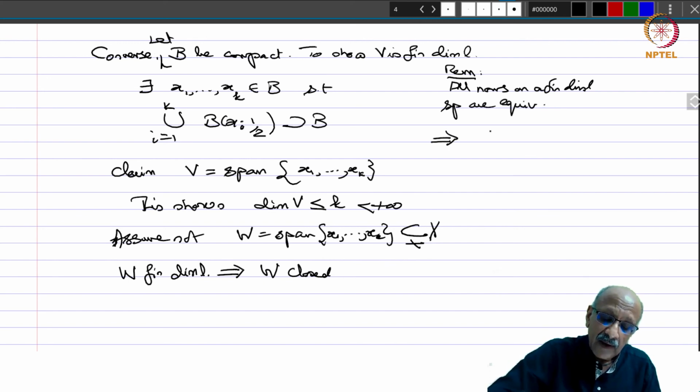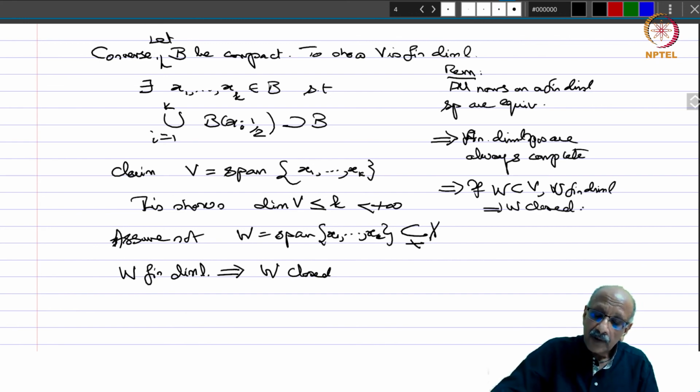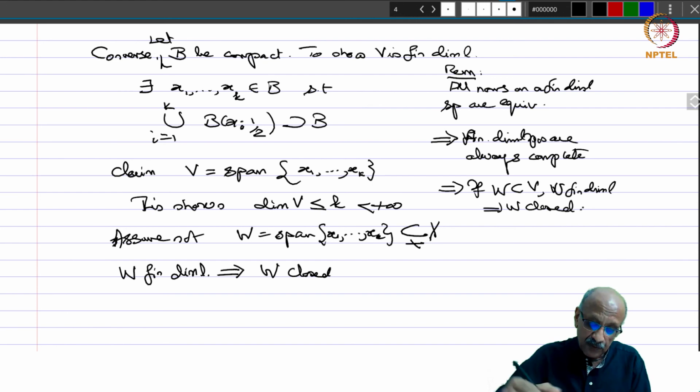This implies that finite dimensional spaces are always complete. And this again implies that if W is contained in V, W finite dimensional, then W is closed, because it has to be complete, which means every sequence converges within itself, and therefore it is closed.